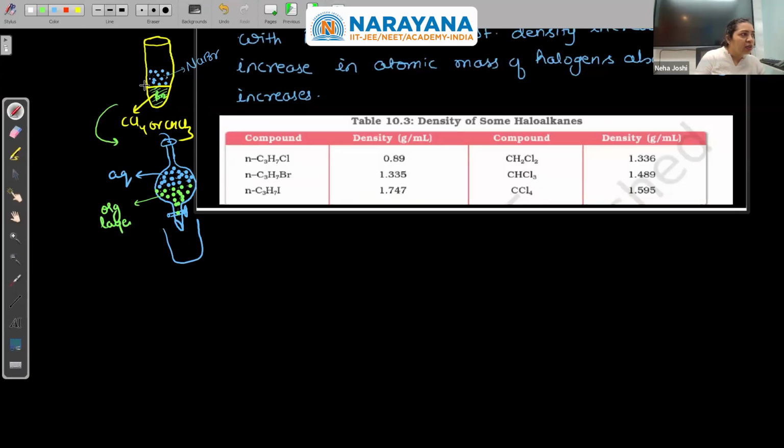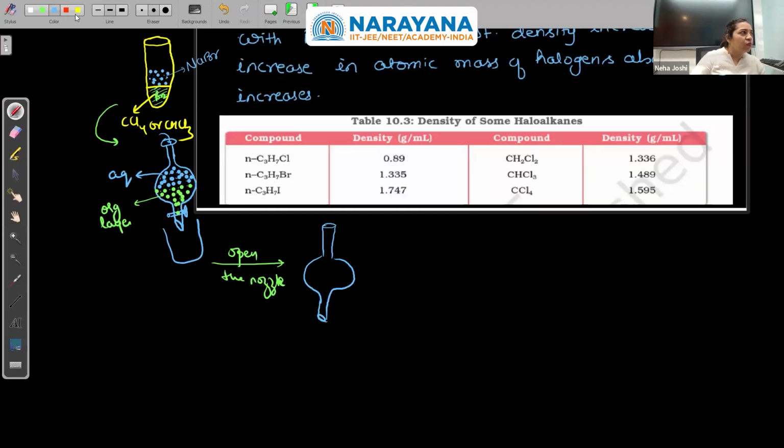Right? This is what we are talking about. So when I open the nozzle, if I open this nozzle, definitely what will happen? The organic layer will start coming out first.